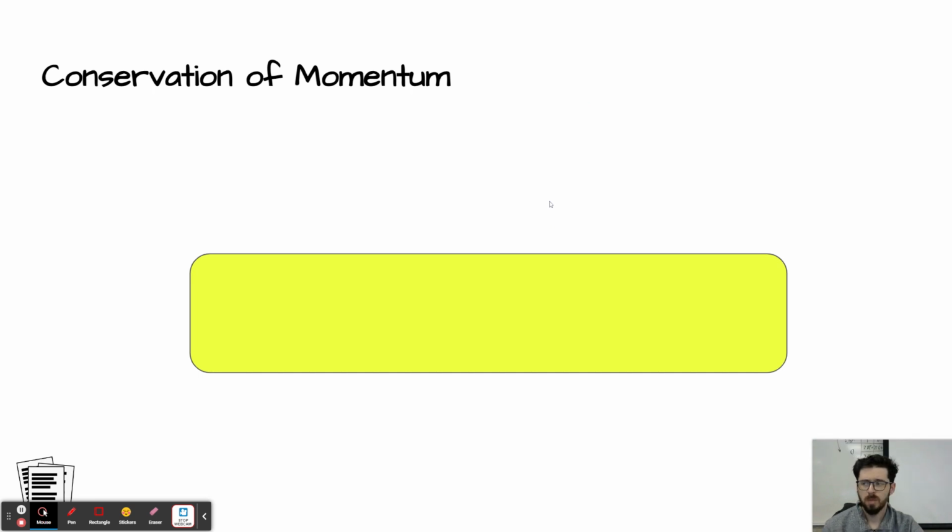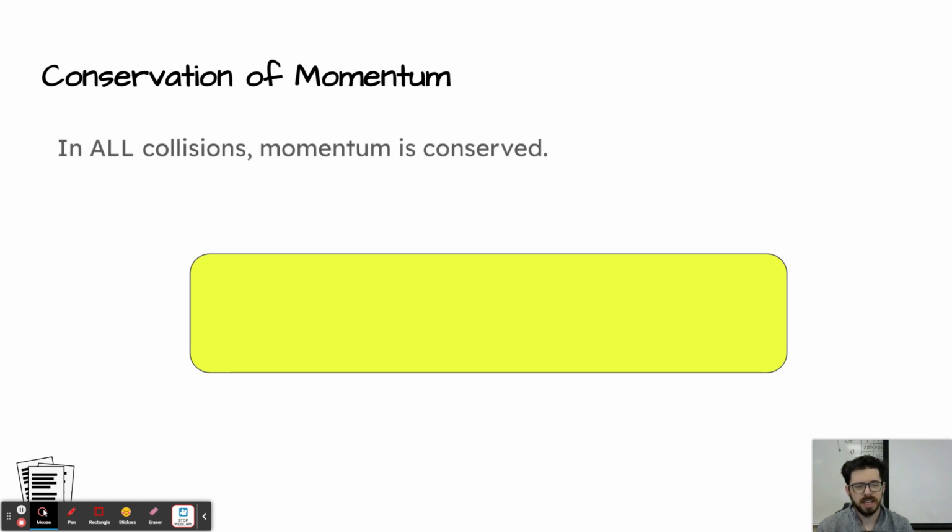So first off, momentum conservation. What you should have seen yesterday was that in all collisions, regardless of whether it was 100% elastic or 0% elastic, or inelastic, momentum should have been conserved in all cases.